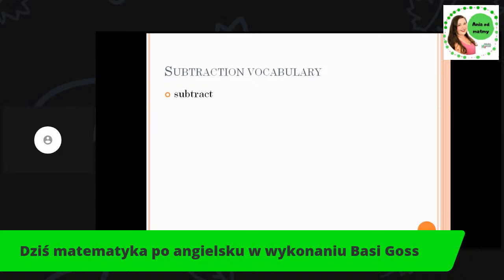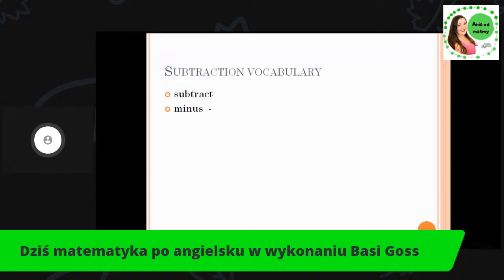So we have one word, and we also know that we use minus for subtraction, and the symbol or the sign for subtraction is also minus. So we know two words at the beginning of the lesson, and we're going to check at the end of the lesson how many more words we know.